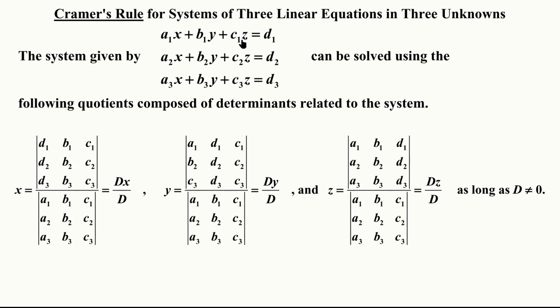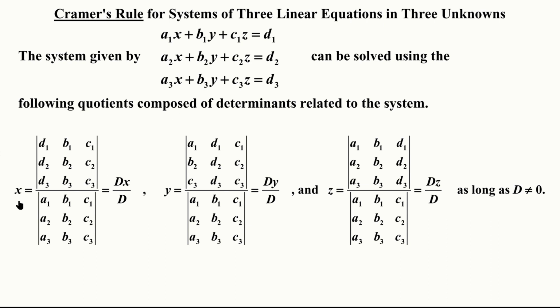All the variable terms on one side in that order, x, y, z, or whatever alphabet letters you're using, and then the constant on the other side, right? So notice the bottom determinants are the same for all three variables, ratios that are going to give us the solution. So A1, A2, A3, B1, B2, B3, C1, C2, C3, right?